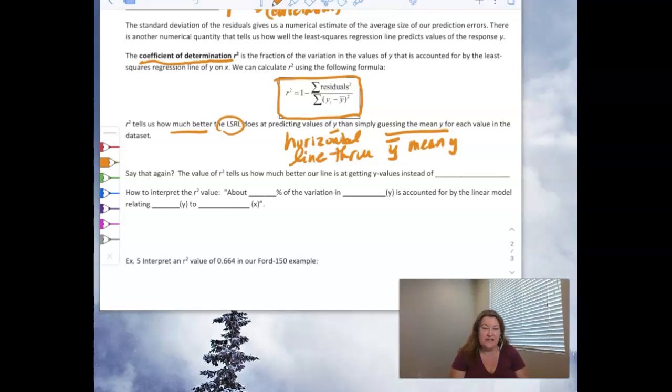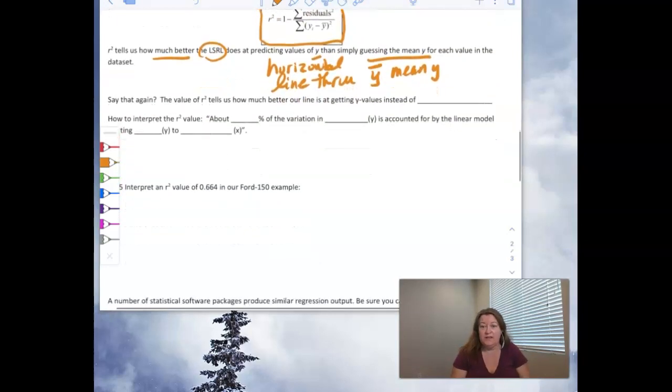We're basically saying that the points, almost as if drawn magnetically, are closer to our best fit line than simply a horizontal line that went through the entire graph. This is the percent that is better represented by our least square regression line. So the value of r squared tells us how much better our line is at getting y values instead of a horizontal line that is y equals y bar.